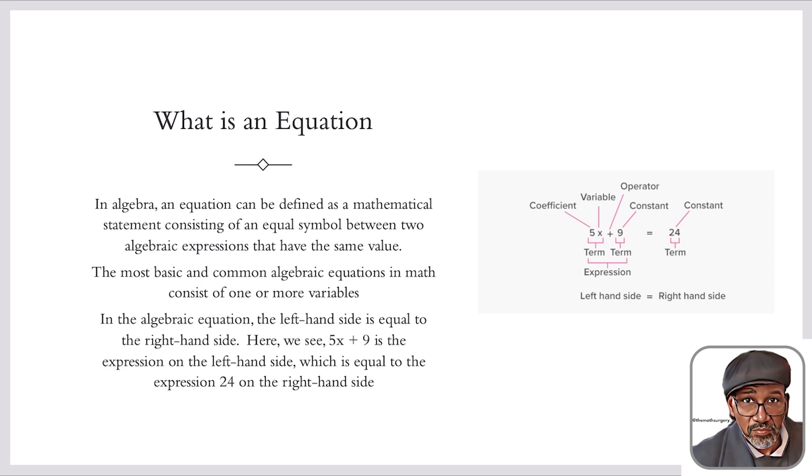The most basic and common algebraic equation in maths consists of one or more variables. In the algebraic equation, the left-hand side is equal to the right-hand side. So here we see 5x plus 9 is equal to 24.